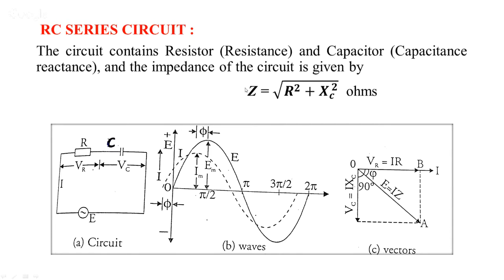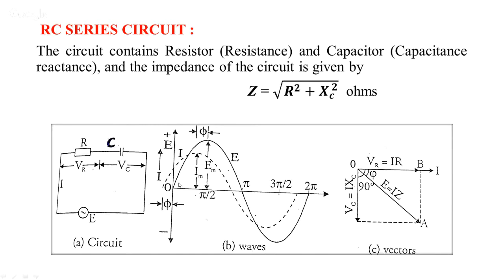And the impedance of the circuit is given by the equation Z equals root of R squared plus XC squared. And the unit of impedance is ohms. So let VR be the voltage across the resistance and VC be the voltage across the capacitor. I is the current flowing through the circuit and E is the single phase supply.